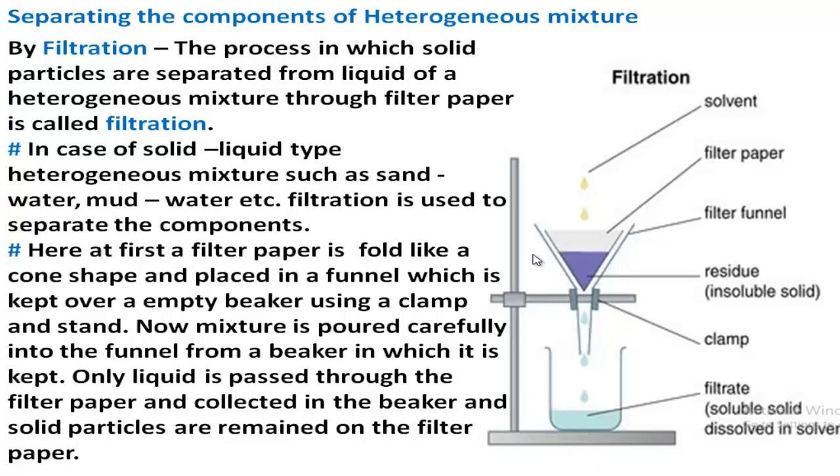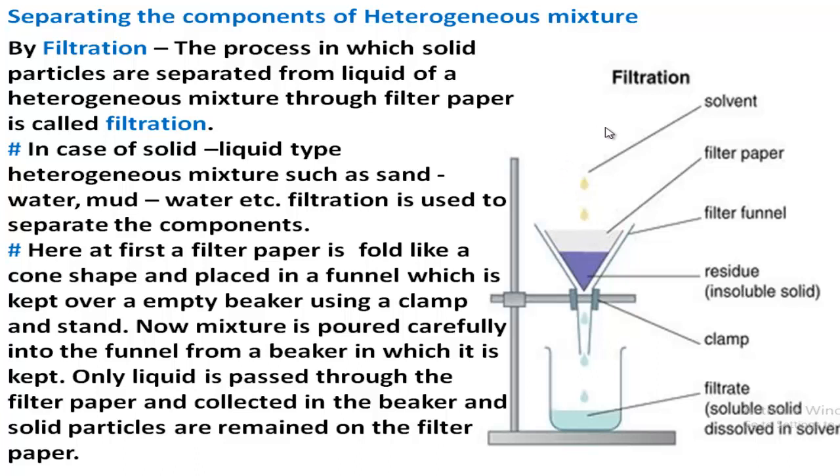Here this is a funnel, and we set this funnel using a stand like this. Under the funnel we keep a beaker or any conical flask to receive the liquid. And here this is filter paper.